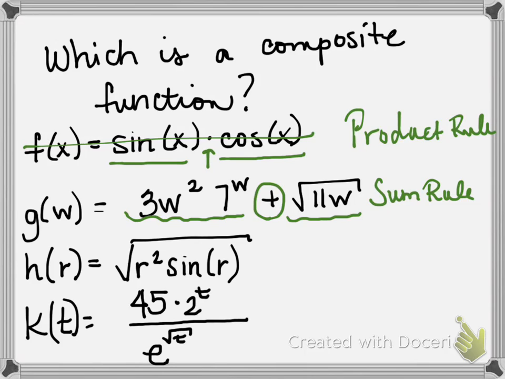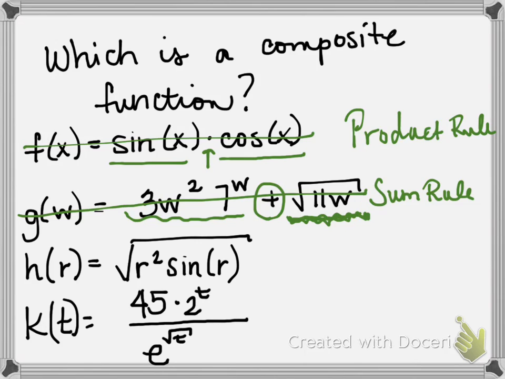I'd have to find each derivative separately. Even though the square root of 11w is a composition, you might have said that, and that's true. So in the middle of finding the derivative of g, you would have to use the chain rule, but it would not be what you start with. So that's not the answer here.